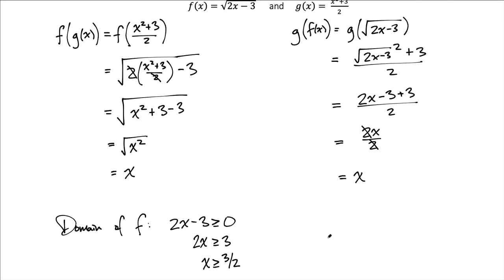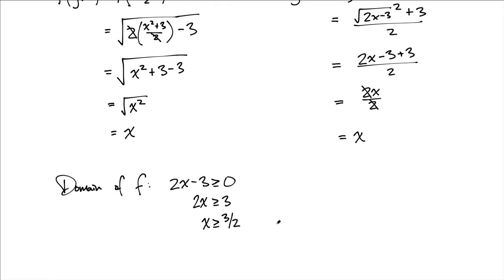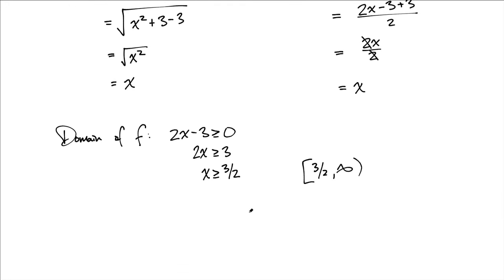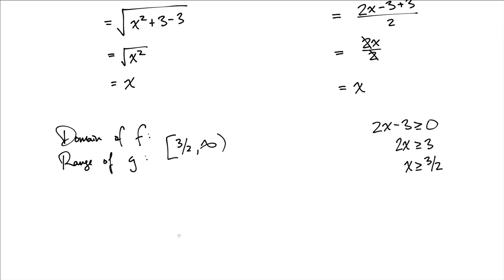So now that's our domain of f. That means that's also our range of g. Our domain of f, we can write in interval notation, is 3 halves to infinity, and it's also the range of g. They're both of that thing. Let's go ahead and move this over and put that. That's for both of those.